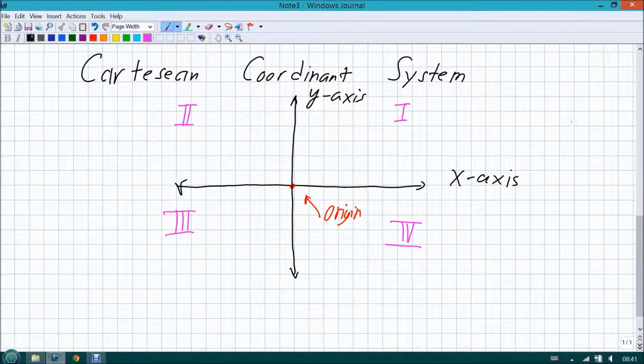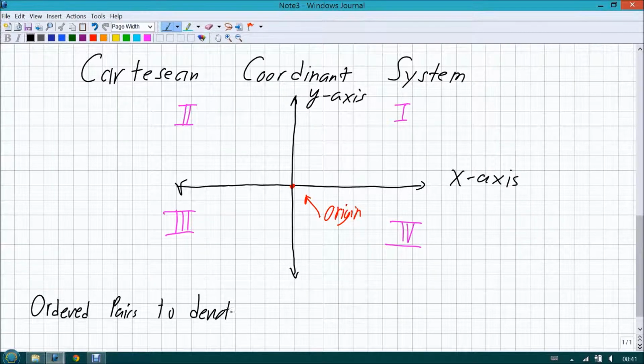Which leads us to the next part, which is how are we going to use this? Well, to use this, we use something called ordered pairs to denote location. Ordered pairs are in order.